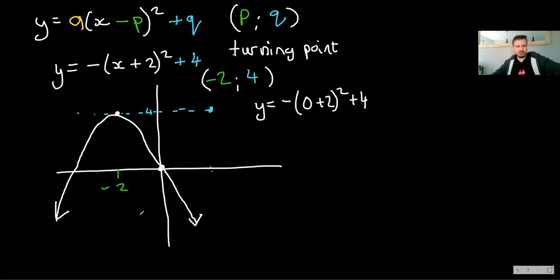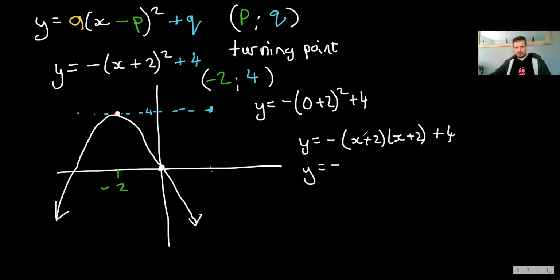Okay, and then if we wanted to find the x-intercepts, we would have to actually multiply this whole thing out. So we'd end up with y equals negative, and this would have to be x plus 2, x plus 2, because when you square something, you just times it by itself. Yeah. And so x times x is x squared.